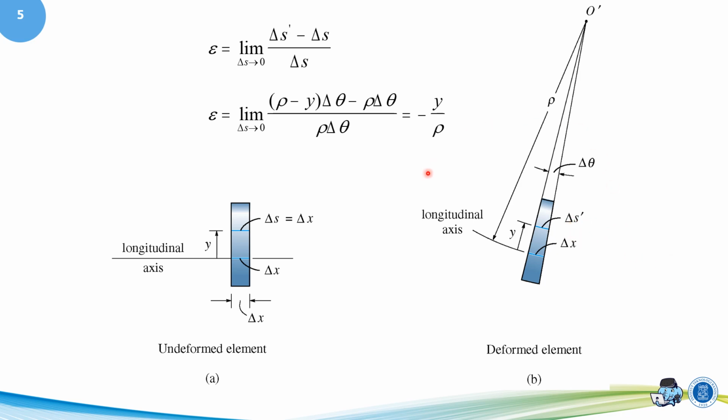And as you can see, when the bending happens, pure bending, the beam will have certain radius. In this case, it is rho. And if we calculate for the strain, the strain will be proportional to the distance from the natural axis y and inversely proportional to the radius.